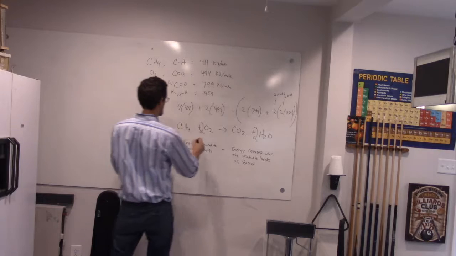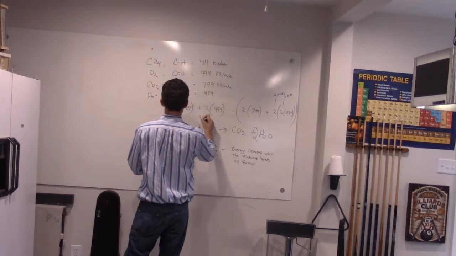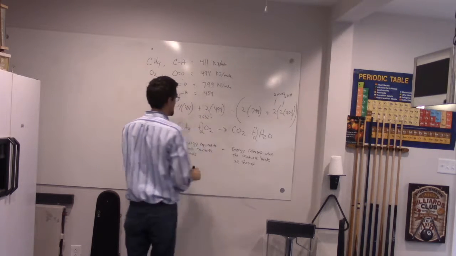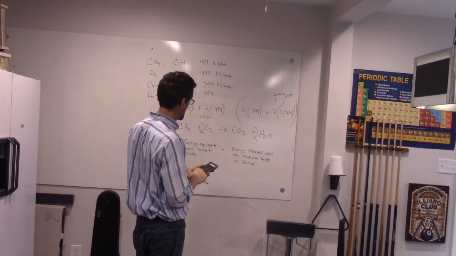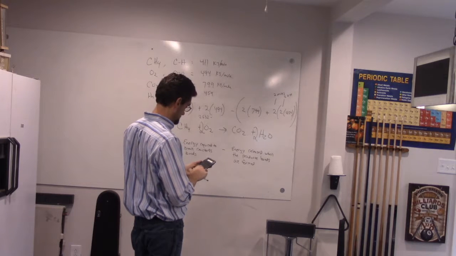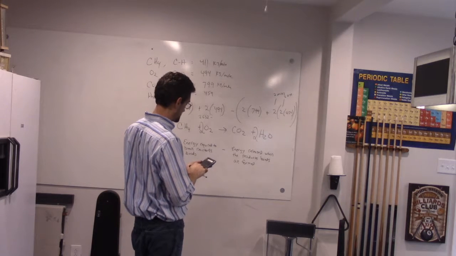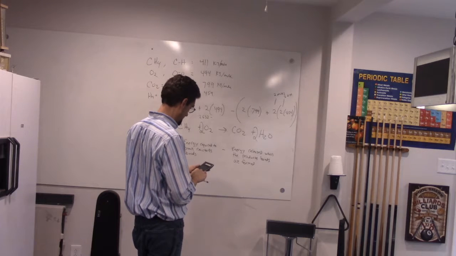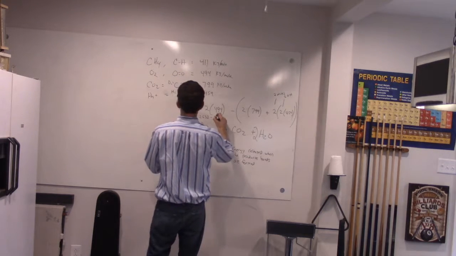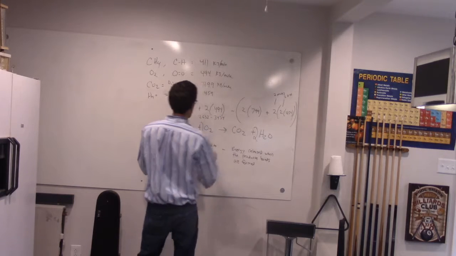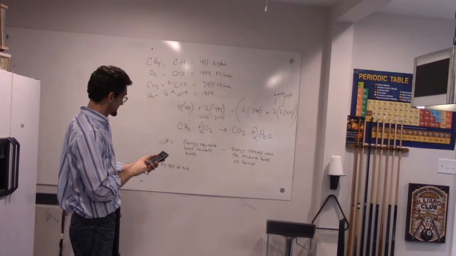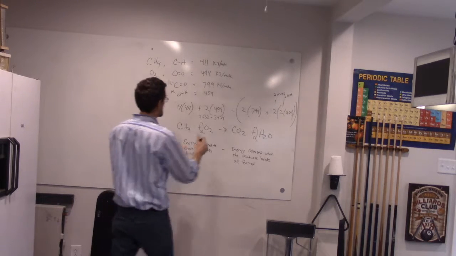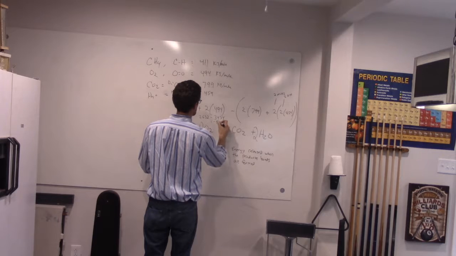Our reactants look like 2,632 minus 2 times 799 plus 2 times 2 times 459, which is 3434. 2632 minus 3434 equals negative 802 kilojoules per mole.